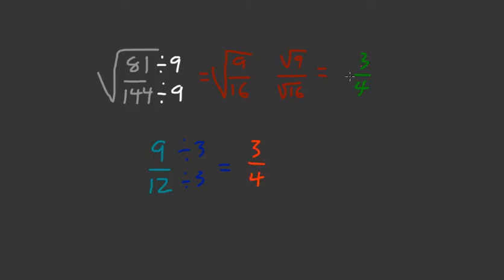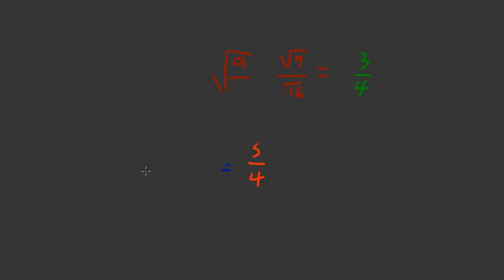So they both equal the same thing. It's just two different ways of doing it. Now let's go back to what I was going to show you before. Remember, you can reduce a fraction before you square root it. So let's take a look at something like 45.